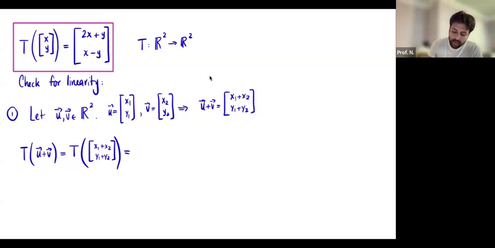So what does that look like for us? It looks like this. At this point, guys, it's just algebraic manipulation, really. So it's 2 times x1 plus x2, plus y1 plus y2. And then you have x1 plus x2 minus y1 plus y2.